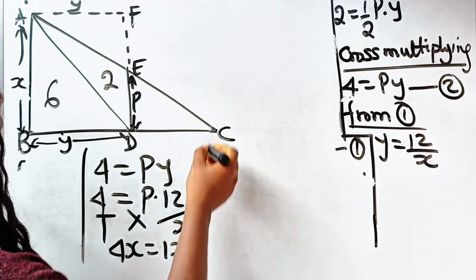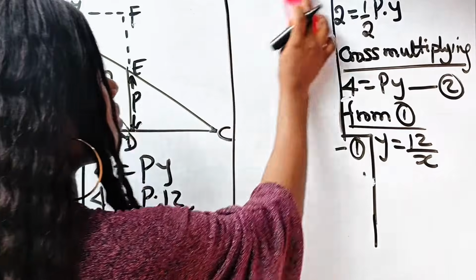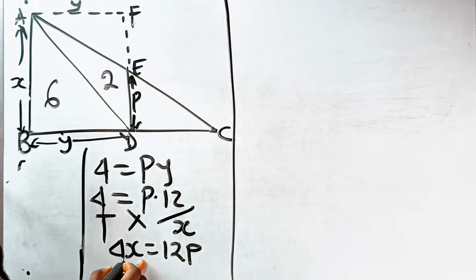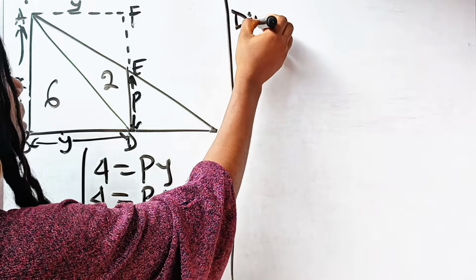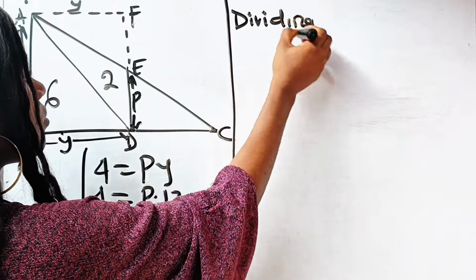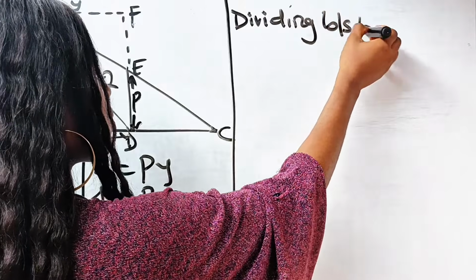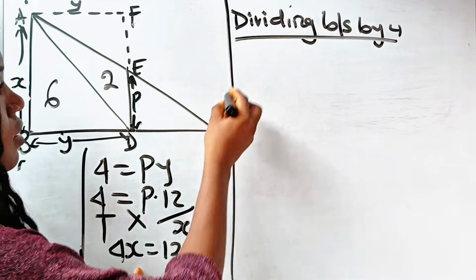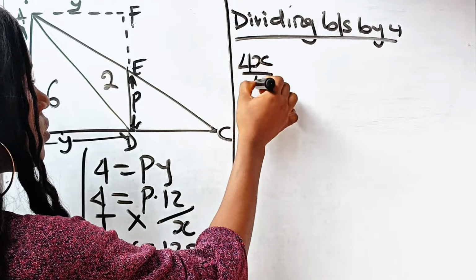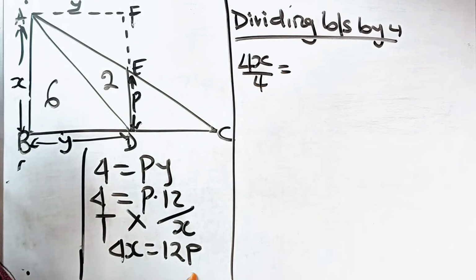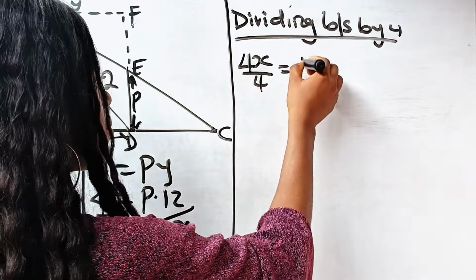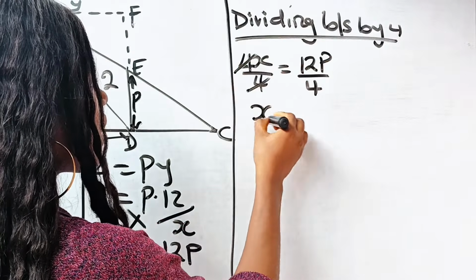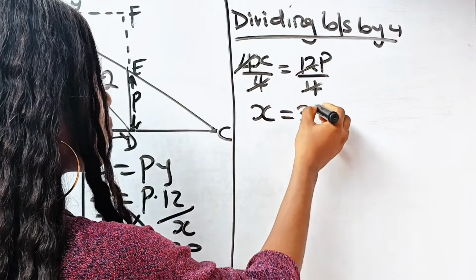Now let's divide both sides by 4. We are going to have 4x divided by 4 is equal to 12p divided by 4. So we have x is equal to 3p.